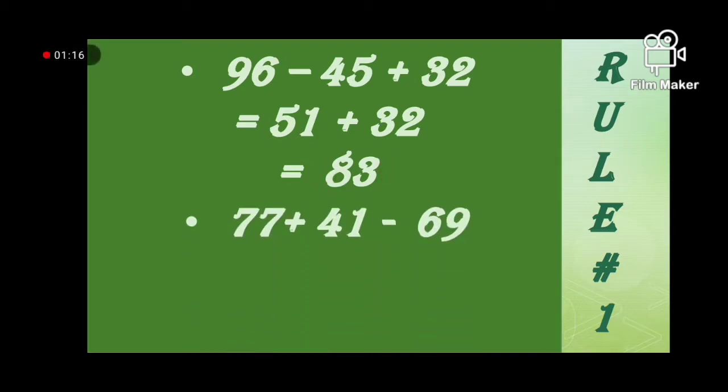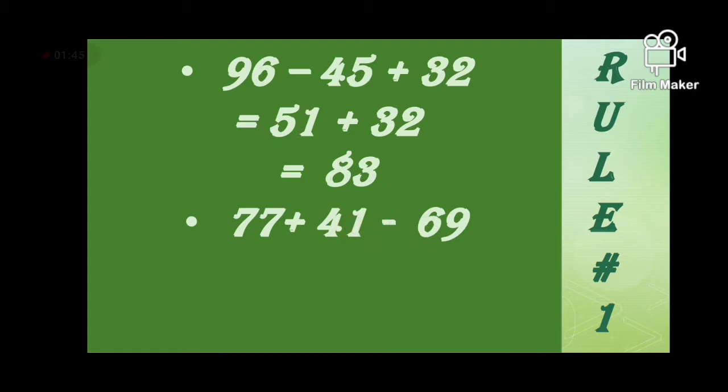In the next example, 77 plus 41 minus 69. We have plus sign first and then minus. It means according to the rule number 1, we will add then subtract. So first we will add 77 plus 41.